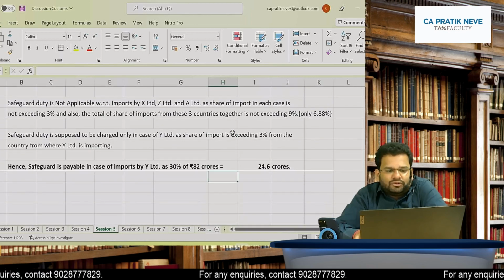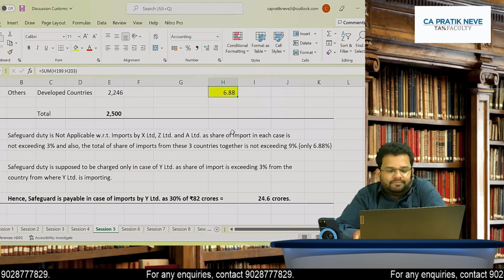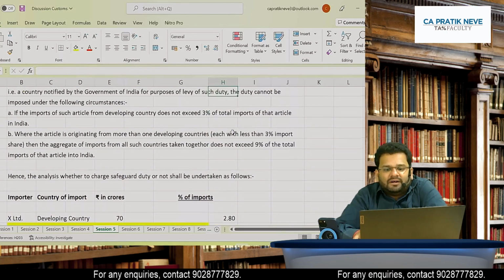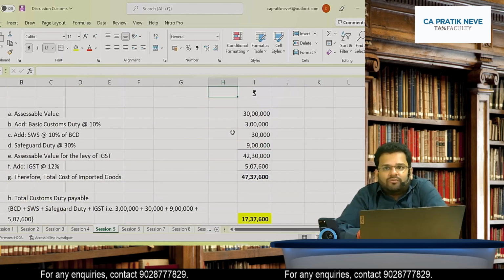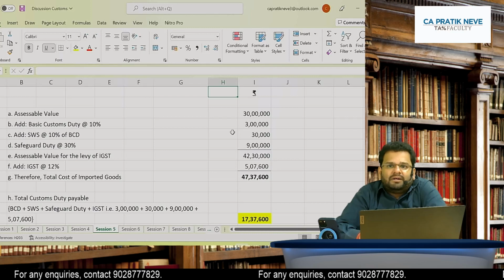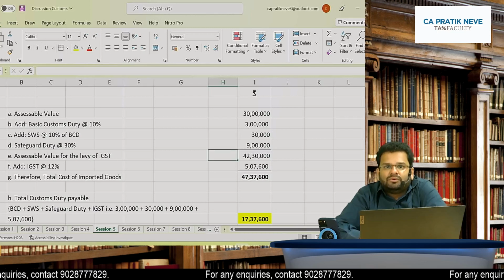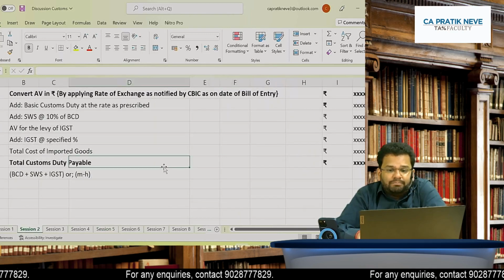Agreed? So that solution is being given here. Okay, so please understand this, how you have to deal with this. So not yet asked by any of the institutes, but you know that they may ask you such issue. Then comes one issue that is of anti-dumping duty.